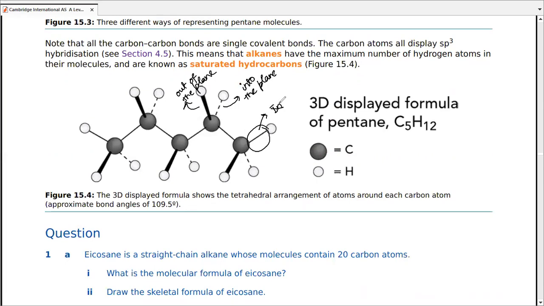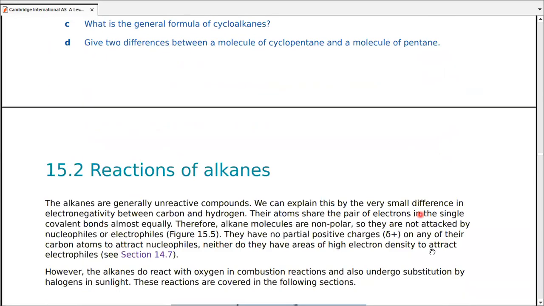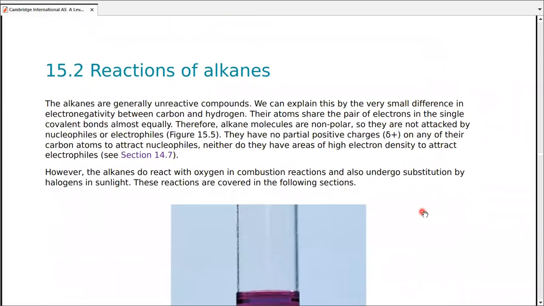So I hope you understand what all of these symbols mean for 3D structure. And that being explained, let's move on to 15.2, reaction of alkanes.